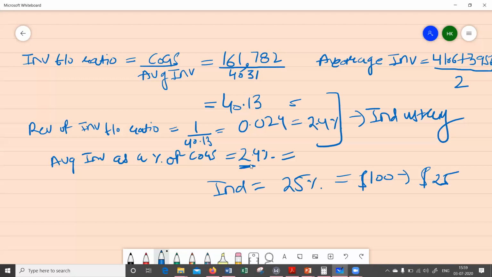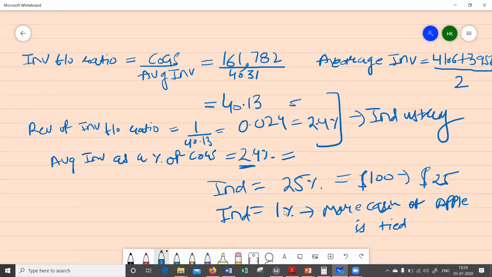On the other hand, let's suppose this 2.4% is higher than that of the industry. So the industry is maintaining 1%, and Apple is maintaining 2.4%. In this case, Apple is holding more inventory compared to the industry, which means that more cash of Apple is tied in inventory.